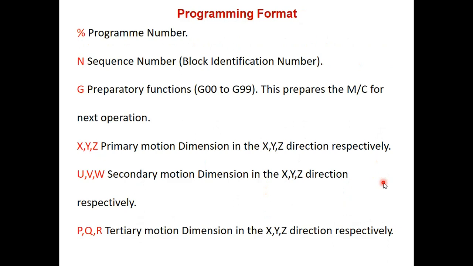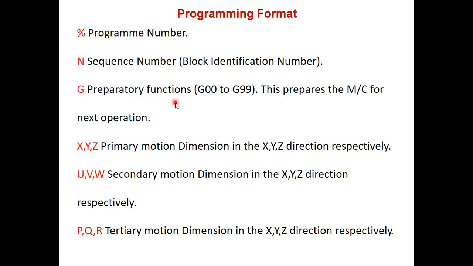So let's see the programming format. Every program will start with a program number, which is given by percentage and O. Next, N stands for the sequence or block identification, in simple terms a line number.